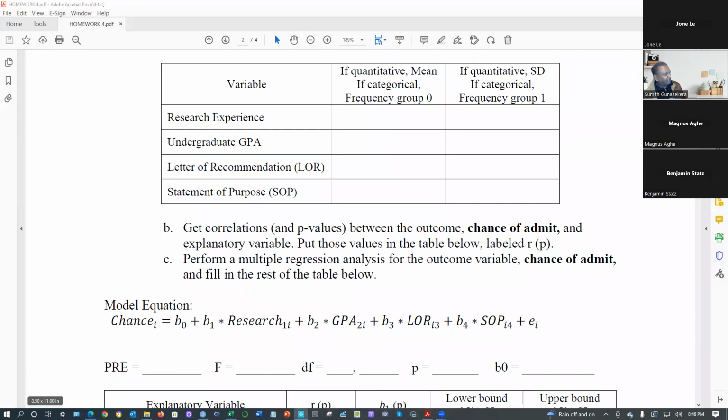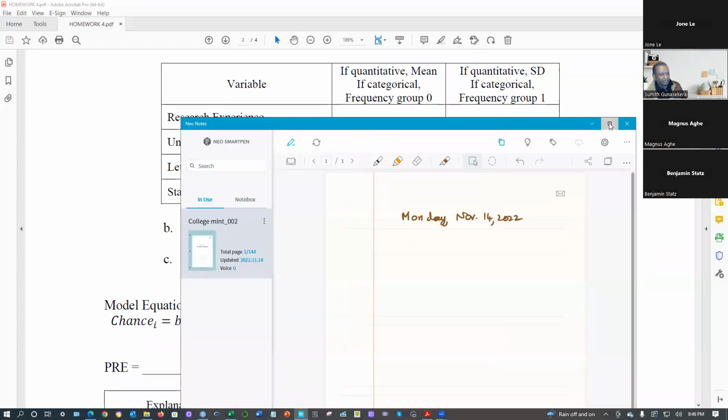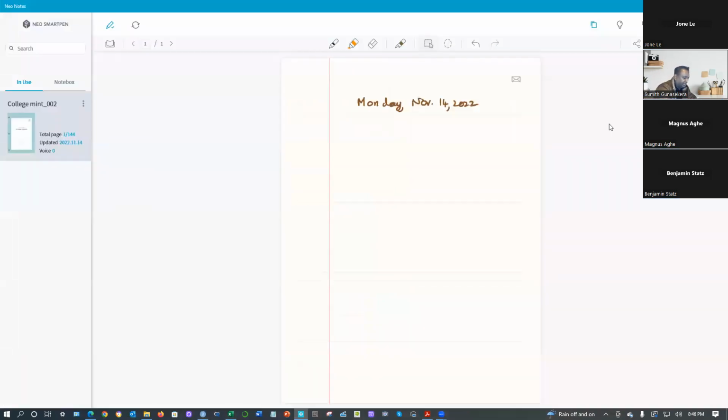So let's say y equals b naught plus b1 x plus epsilon. This is simple linear regression.